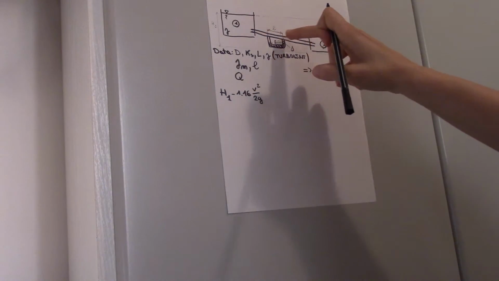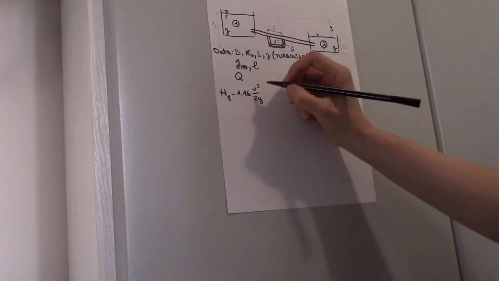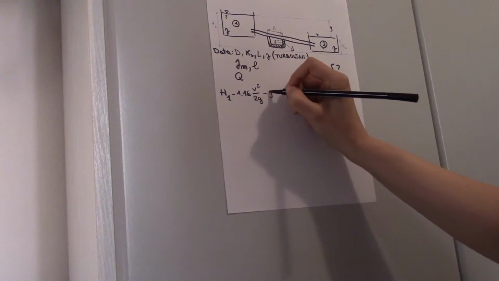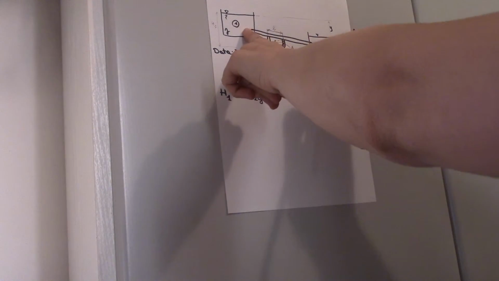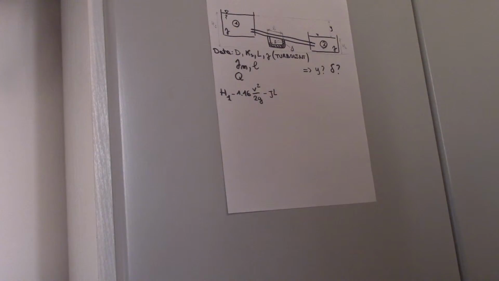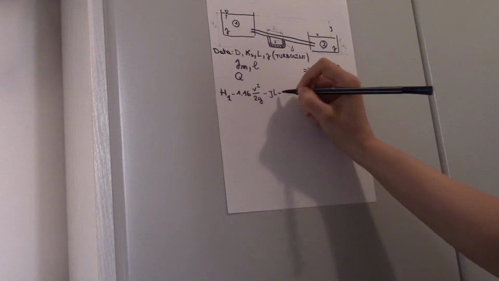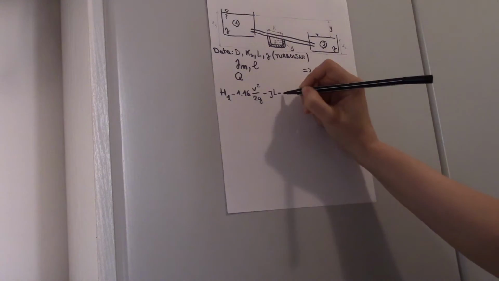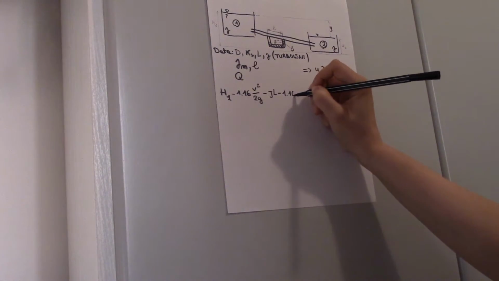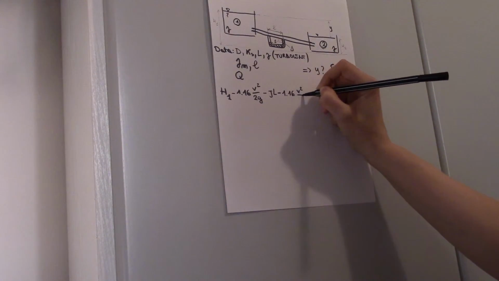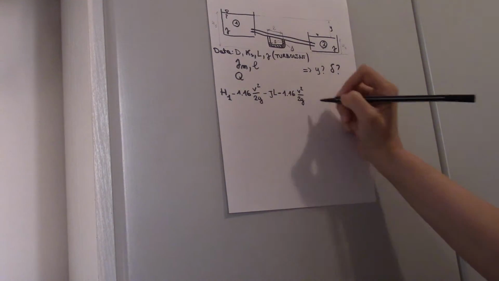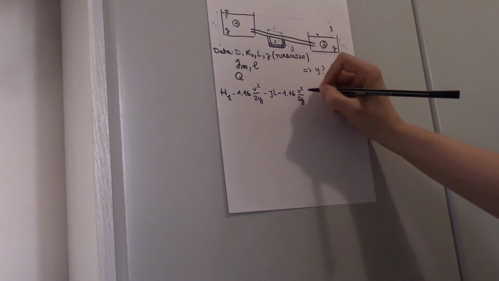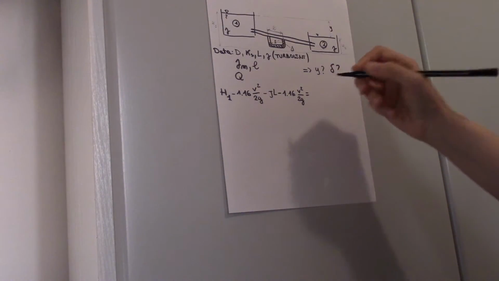Then you are moving through your pipe and you will have minus JL. L, remember, is the entire length of the pipe. Again, minus inner tube, so it's again 1.16 V to the power of 2 over 2G. Everything equal to H2.